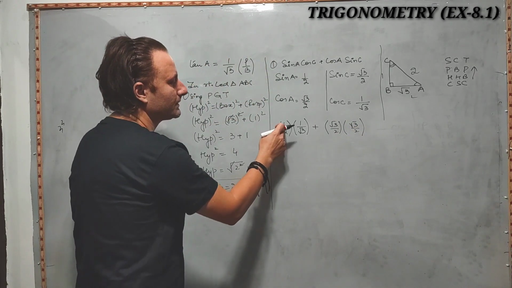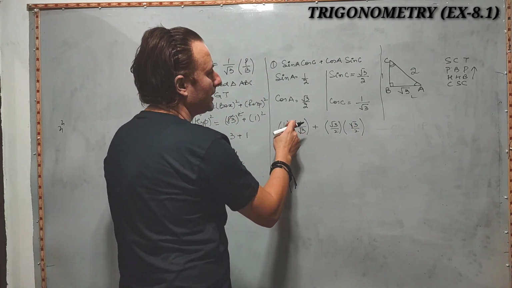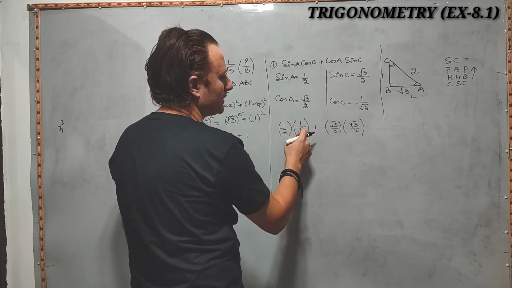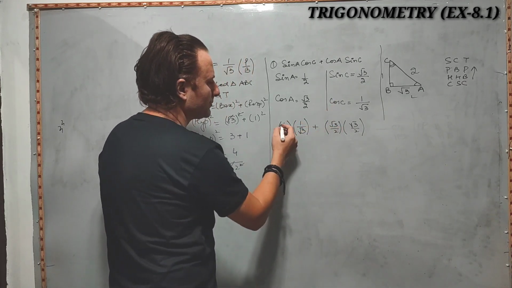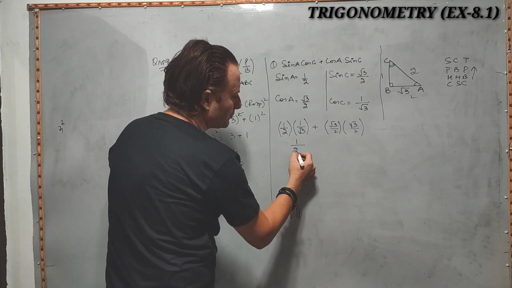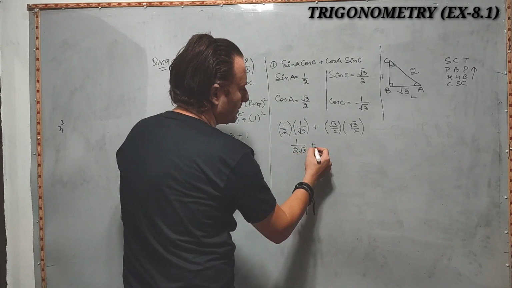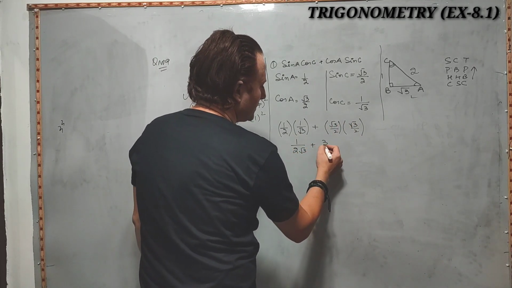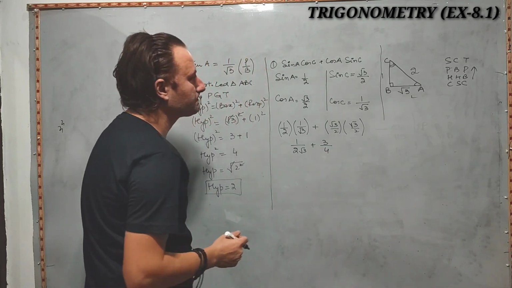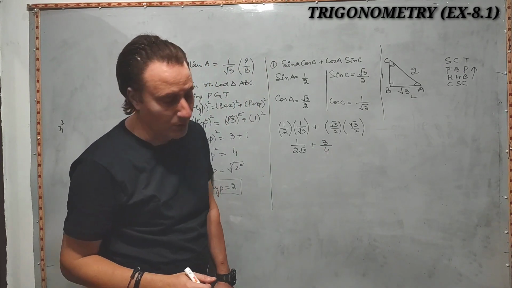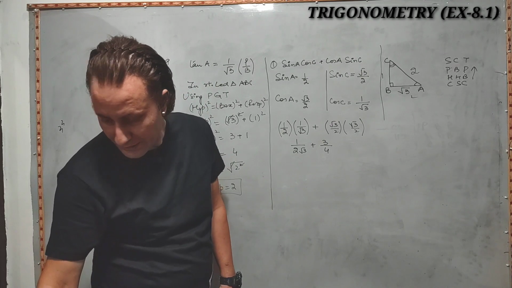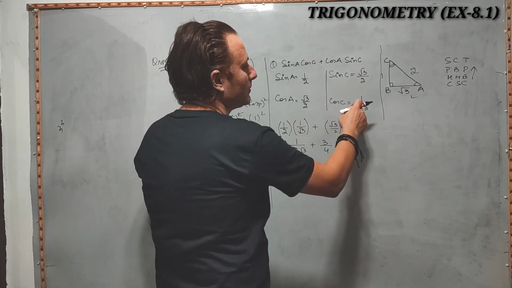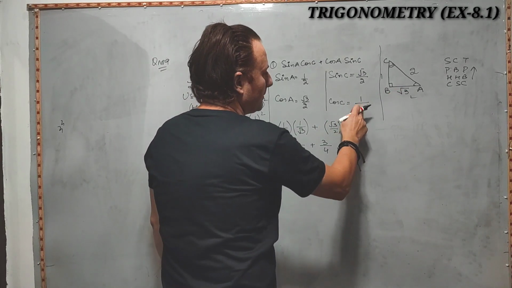So here if I say it's sine A cos C, okay, and here, okay, so it's 1 multiply 1, that is 2 under root 3 plus this is 3 upon 4. Sine A cos C. Cos C is okay, I made a mistake here.